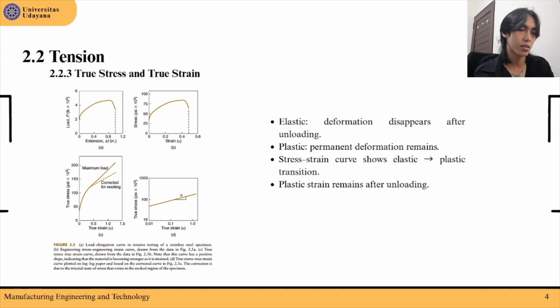This distinction is important in manufacturing because plastic deformation allows shaping of material, while elastic recovery can affect dimensional accuracy. Like if you take rubber and you apply strain to the rubber, it has elasticity and can come back to the shape it had before the strain, like elastic.